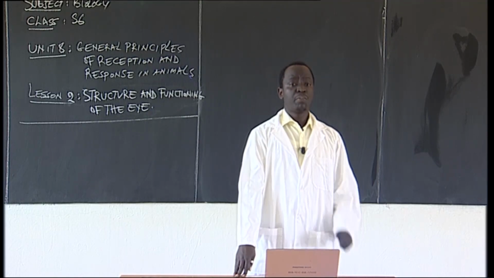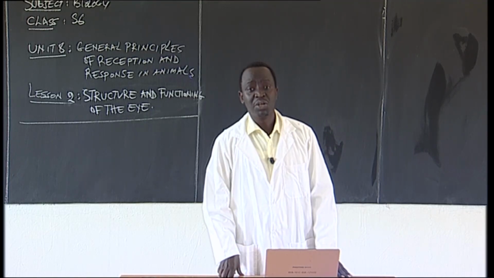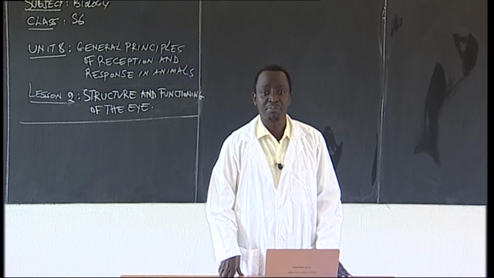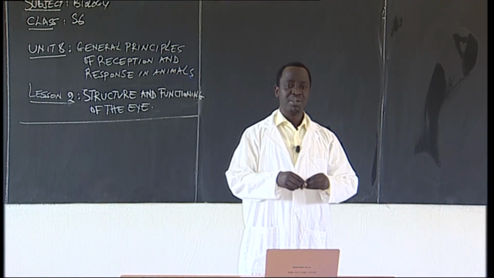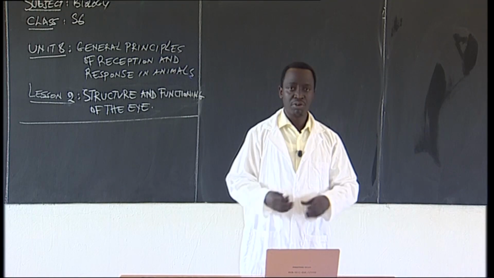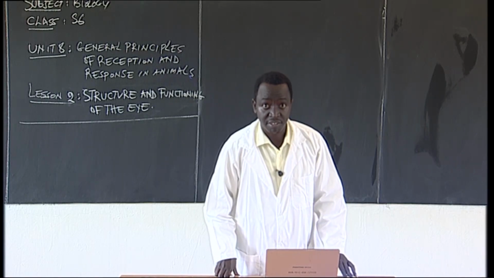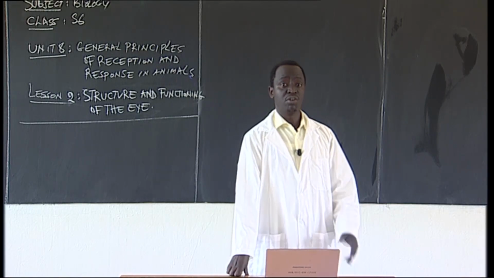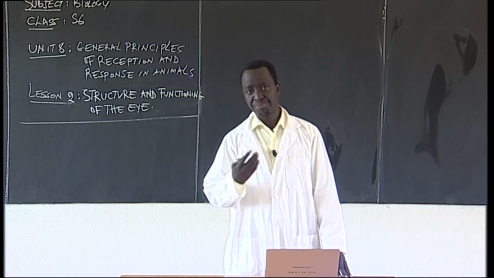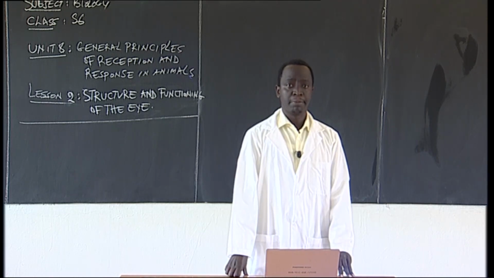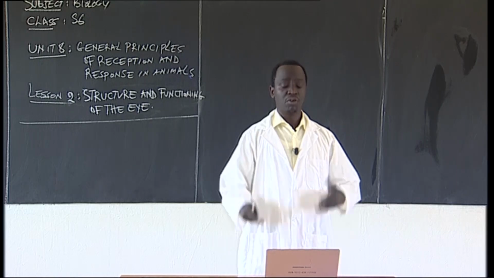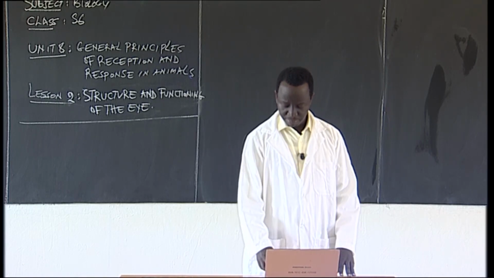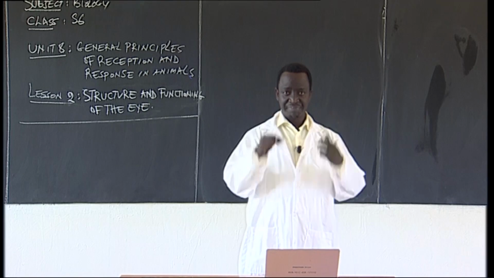Now, for the topic of today, we are going to see one of the sensory organs that contain receptors. One of the organs we're going to talk about is the human eye. What's the role of the human eye? What do we use the eye for?